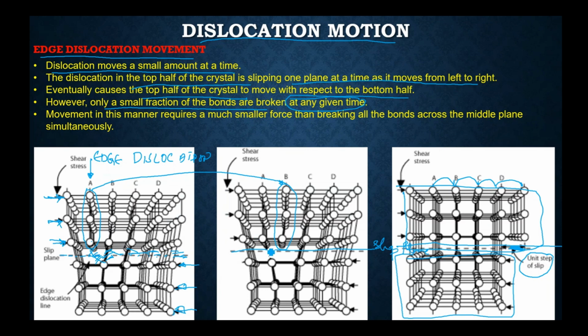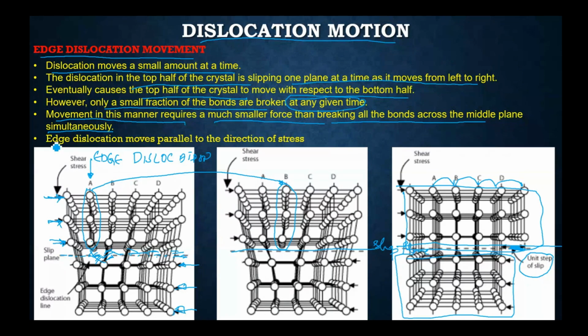What has happened is that the bonds kept on breaking in smaller steps, so that the movement in this manner requires much smaller force than breaking all the bonds across the middle plane simultaneously. So this is an ease that is associated with edge dislocation, that a small amount of force is required to make the dislocation move or slip along the slip plane.